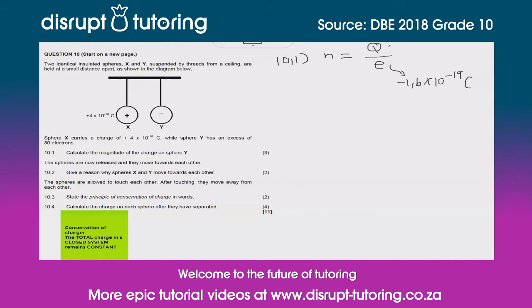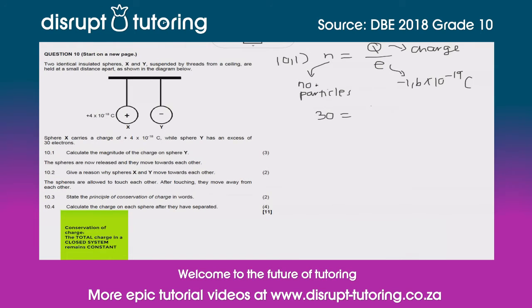Q is charge, so this is exactly what we're looking for. And n is the number of particles. This is number.